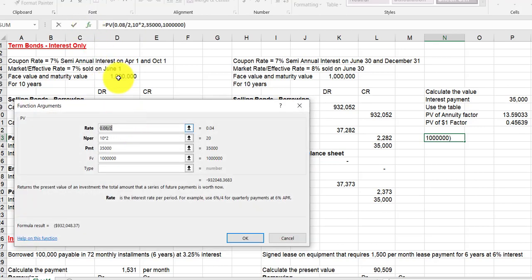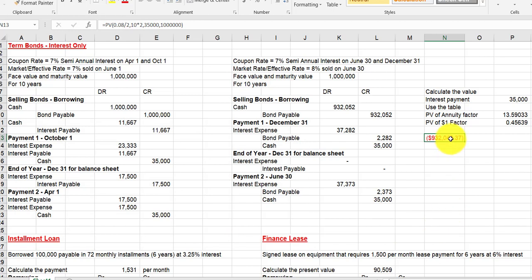You can use the PV function, equals PV, and then you tell it the interest rate, the number of periods, the interest payment in the payment line, and then the maturity or face value in the future value FV line. Put those all in there and click on OK, and you see that we get a slightly different answer than if we use the tables, because the tables are rounded and this is not. But it's close enough. So we'll go ahead and use the number we have.